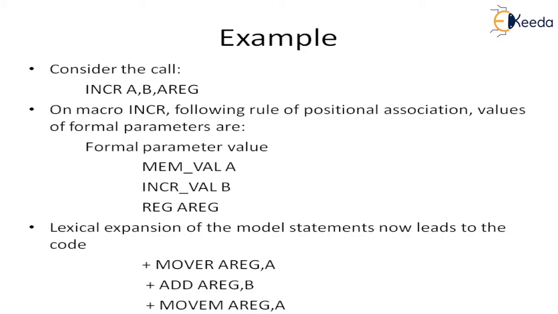Lexical expansion of this model statement leads to the expansion, where we add a plus before each statement. So + MOVER AREG, A means we move A into the A register, then ADD AREG, B adds B to the A register, and then MOVEM moves the result to memory from the A register.